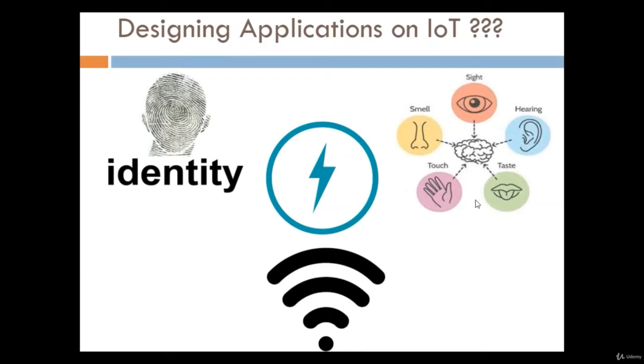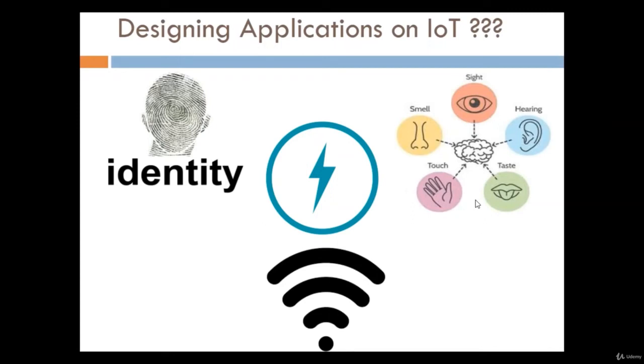So the brain is like a controller, and all these 5 sensors give the brain the exact knowledge of what is happening in the surroundings, and what sort of corrective actions can be taken as a response to those things.